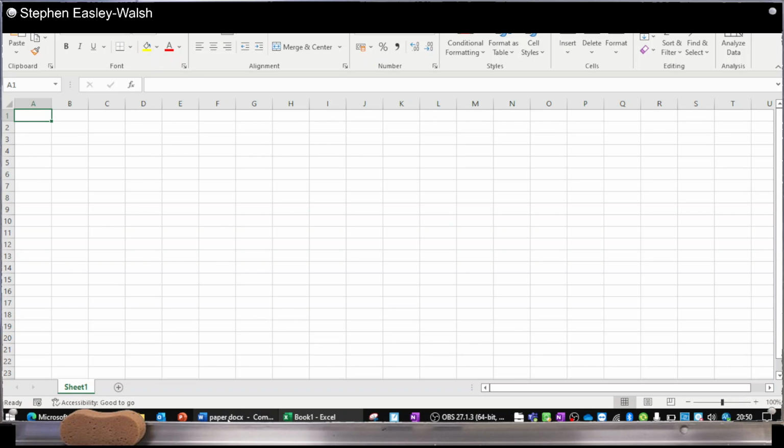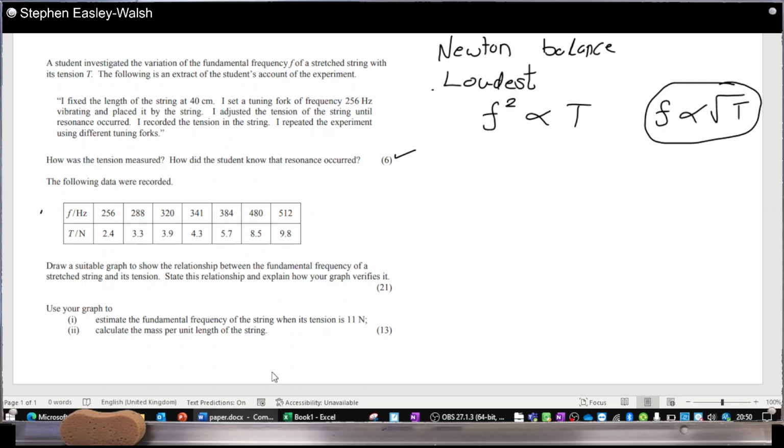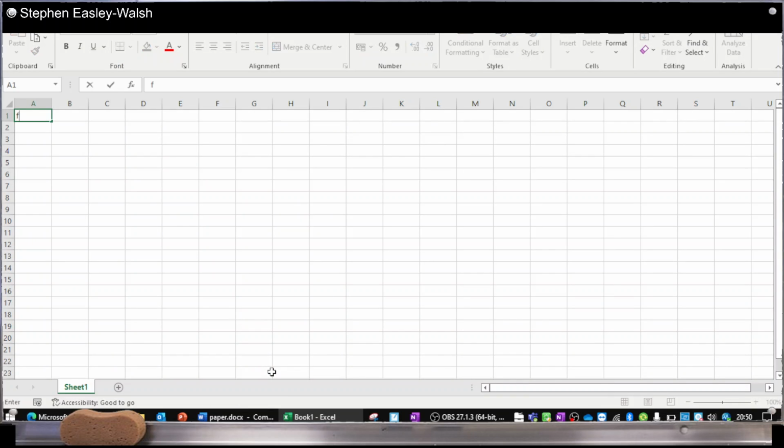Let's transcribe that over. So as I was saying, the frequency is the independent variable, so we'll put that first. And then beside that, we've got root of the tension, and that would be in root newtons unit.